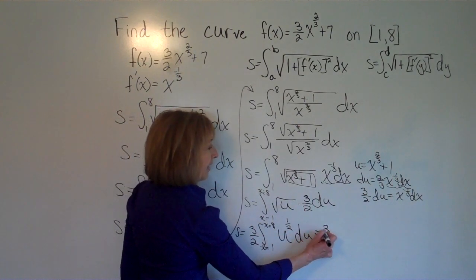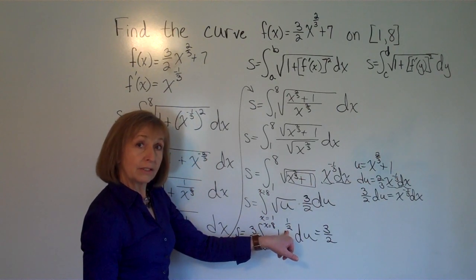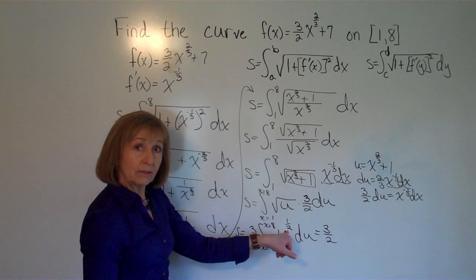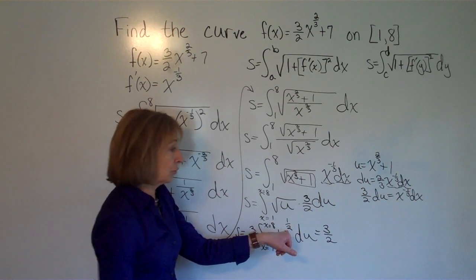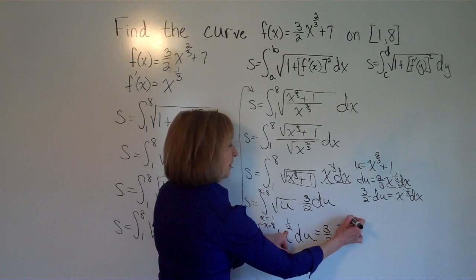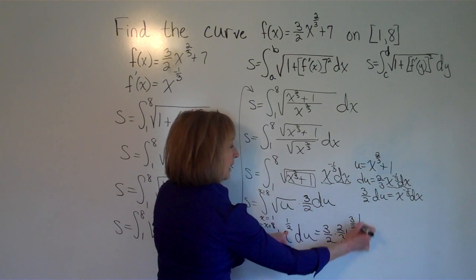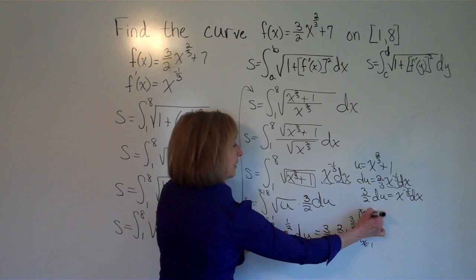So I have the 3/2 that was already out. Now add 1 to 1/2, I get 3/2. When I divide by 3/2, I'm multiplying by 2/3. u to the 3/2 power, and I'm evaluating that from x equals 1 to x equals 8.